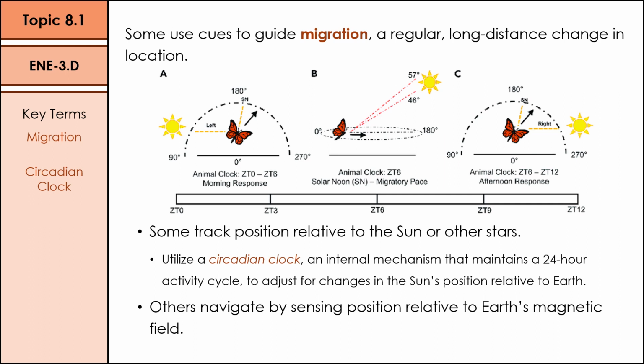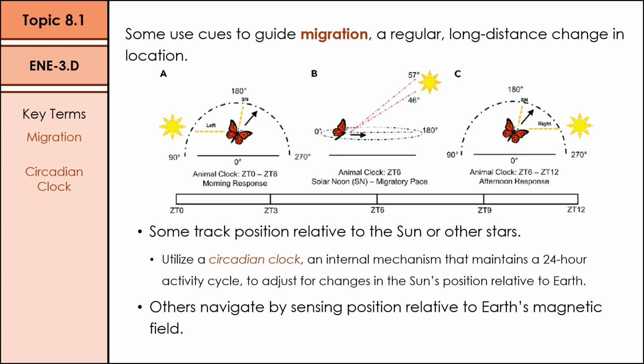Think melatonin if you need to get some sleep at night, or when you're on an airplane and you get that jet lag because you're no longer able to rely on your position relative to the sun. So the circadian clock is a mechanism that enables you to use this 24-hour activity cycle based on changes in the sun's position, and it allows you to orient yourself within the environment.